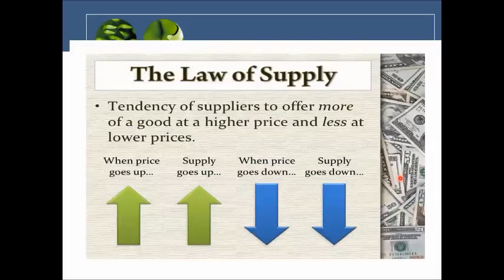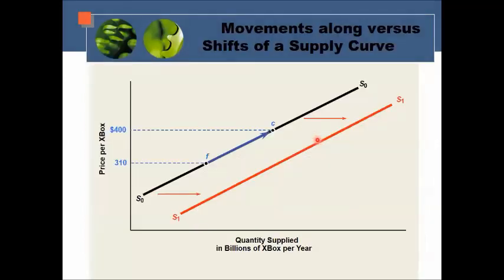So here is the law of supply again. When the price goes up, the supply goes up. And when the price goes down, the supply goes down. So it means same yung effect ng supply sa price. And then yung demand naman sa price is opposite. Diba?